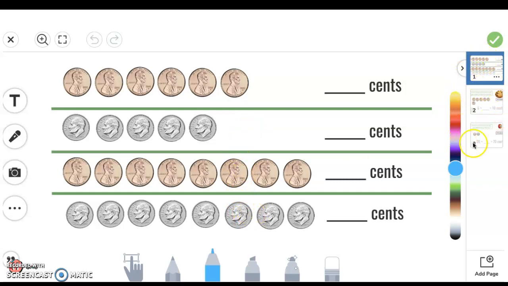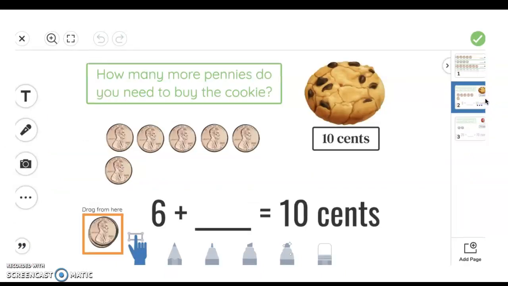Then if you see on the side, you have other slides to complete. So if I were to click on the second one, it would look like this. This one says, how many more pennies do you need to buy the cookie? So this is going to be the same as what I just showed you, but you are going to do it on your own.